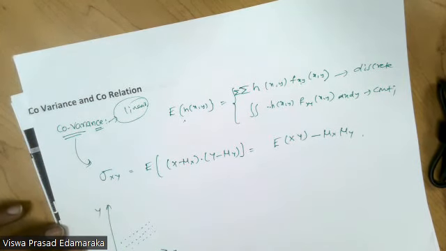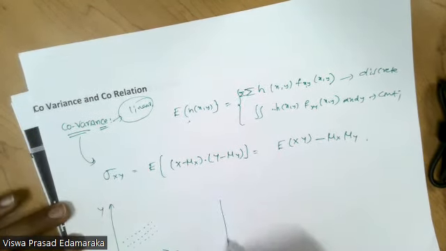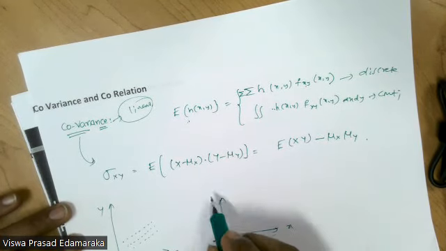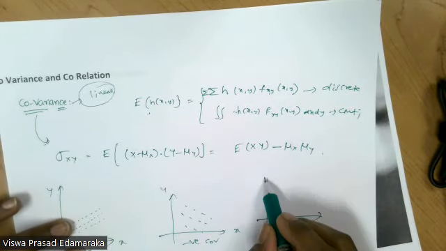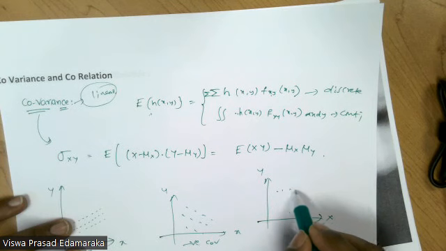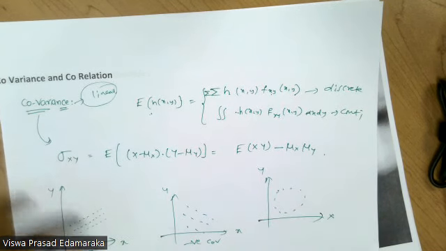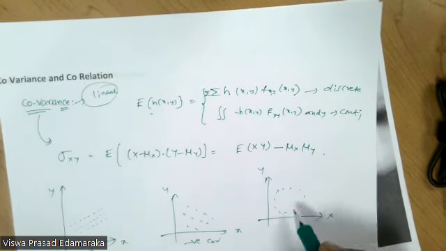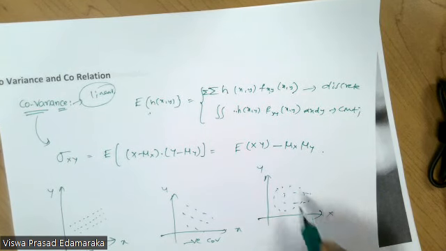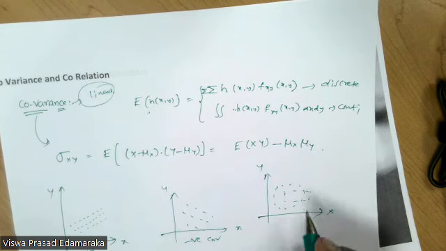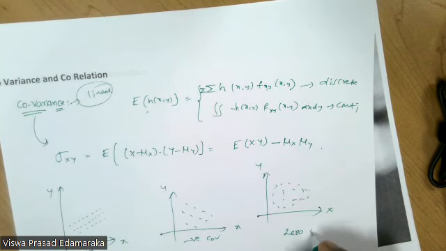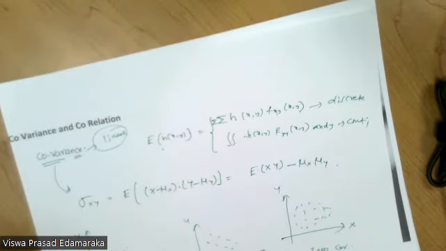Then it is called positive covariance. Similarly, this is negative covariance. And for example, if the values are scattered like this, it is called zero covariance, or else a block of values sits at one point. This is zero covariance.